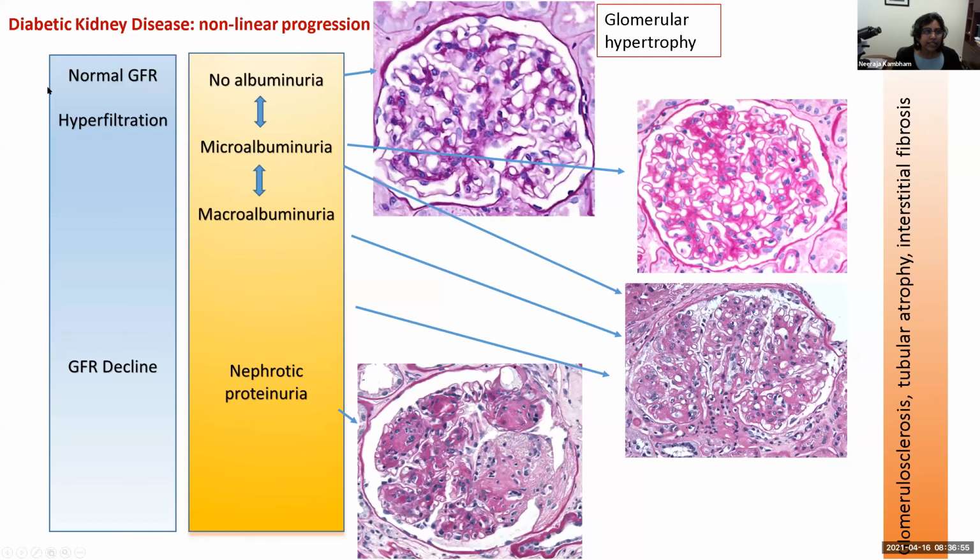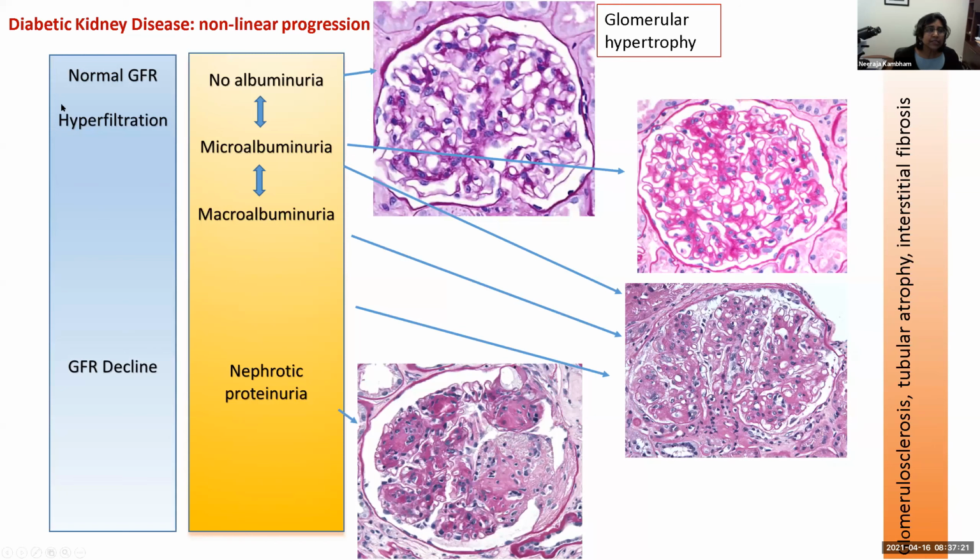In the earliest stage, where the GFR, the glomerular filtration rate, is normal and there is no albuminuria, that is, no protein getting spilled in the urine, at that point the glomerulus is completely normal, but in the early stages you also start seeing glomerular hypertrophy. The glomerulus will enlarge in size, and it's a very well-described feature.